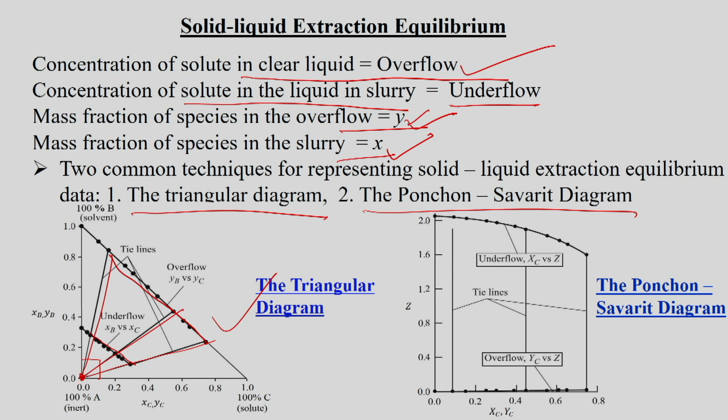For Ponchon-Savarit, in terms of X C and Y C, the overflow points will be coinciding but with very small values, and the underflow line will be with high values. Okay.